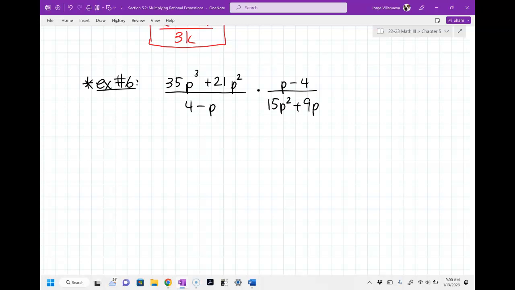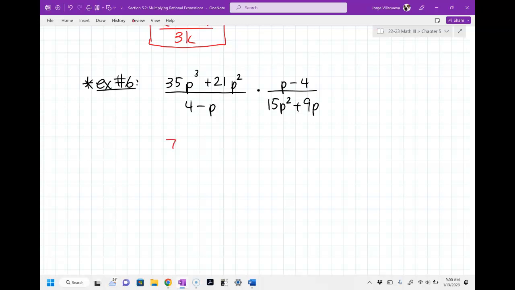This is why I'm doing this problem, because if you see another one like this where you're like, man, it almost matches, but it's a minus, I wish I could just flip it. Well, you can, but you got to do something special with it. So let's start off with the top left corner of that equation. What can I take out of 35p cubed plus 21p squared? What number can I take out? A 7, all right.